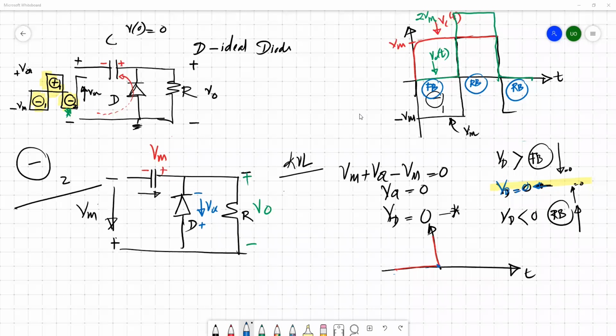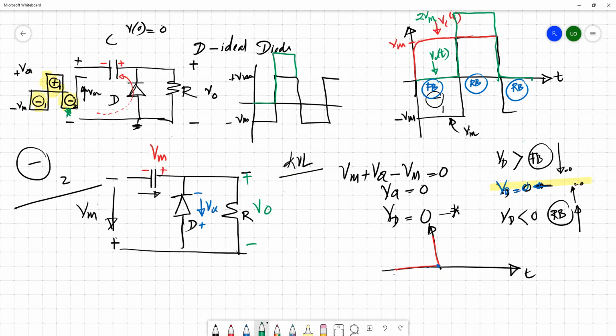So whether you input this kind of a voltage, minus Vm, plus Vm, you will end up with this kind of output. This is 2Vm, this is 0. If you explain the rest of the cycles, you can see this kind of a pattern.